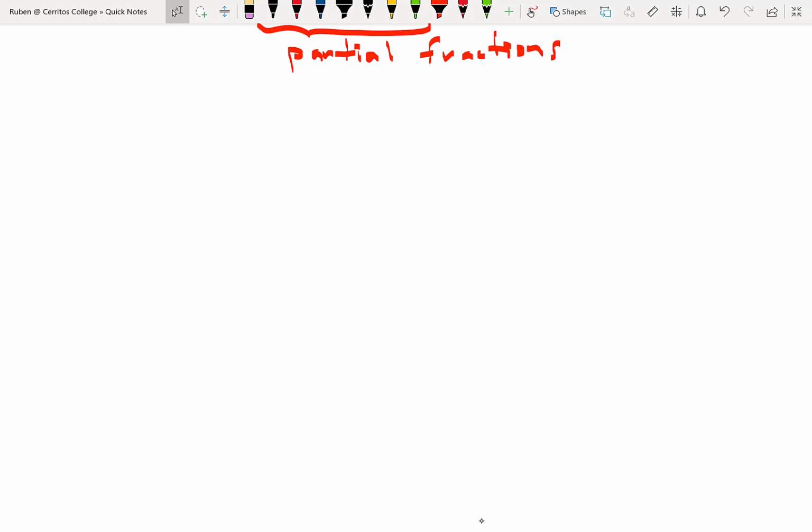So let's consider integrating a rational function, p of x over q of x, where p of x and q of x are polynomial functions.